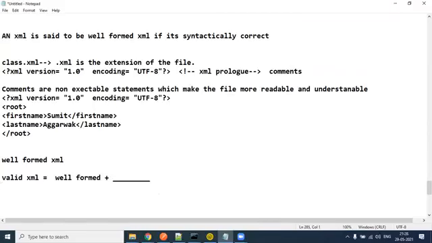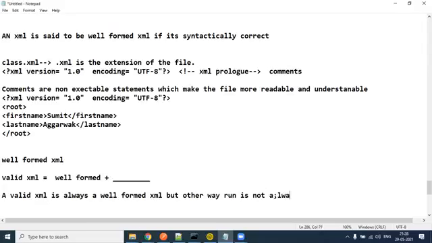So a valid XML is always a well-formed XML, but the other way around is not always true. There is one more quality which needs to be met to call it a valid XML. We'll talk about it.